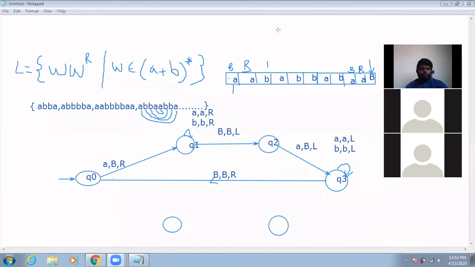See this B, so similarly we have transitions for this one and here, and you should repeat this process.